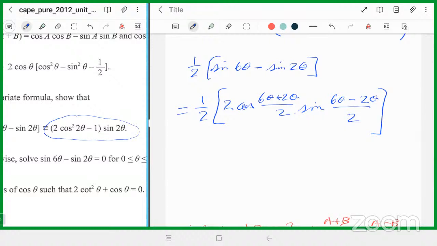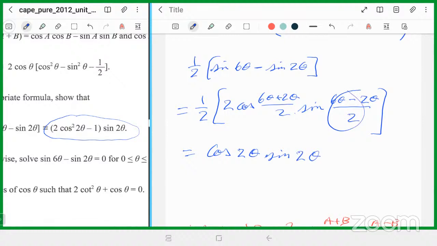So let's simplify. This half cancels this 2. That will be gone. And then this becomes cos of 4 theta over 2, which is 2 theta. So I get cos 2 theta times the sine of half the difference. 6 minus 2 is 4, 4 divided by 2 is 2, so I get sine 2 theta from here.